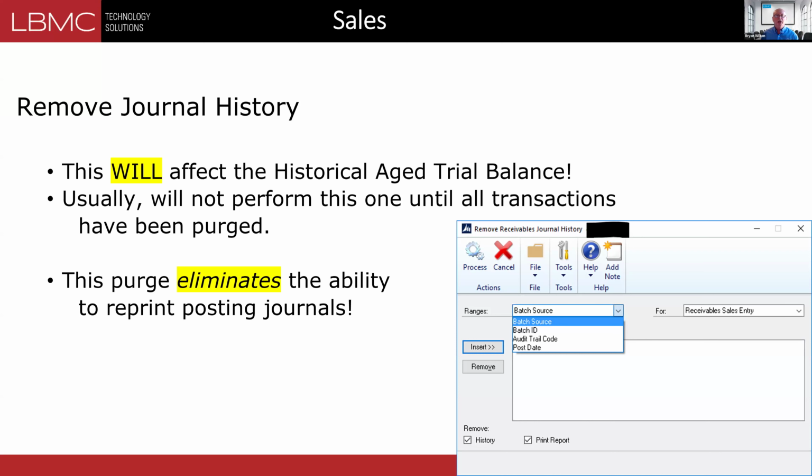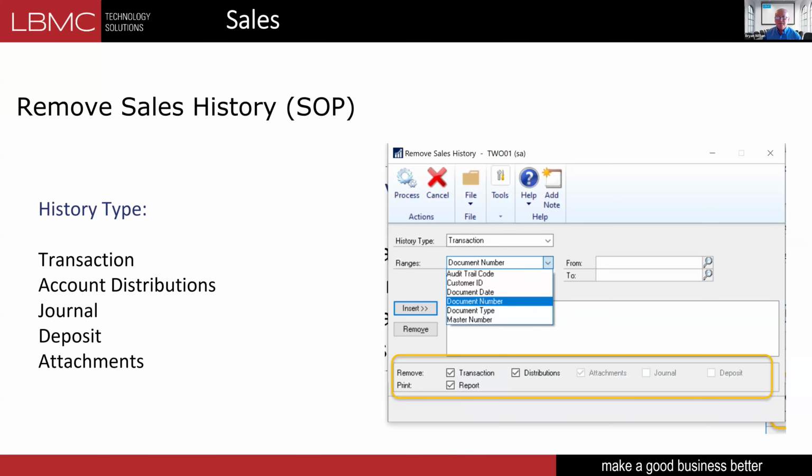If we go back into a prior year and remove the data and then decide we're going to run a historical aged from that period of time, well, if the data is gone, then the historical trial balance is not going to work. So you have to keep that in mind as well in sales.